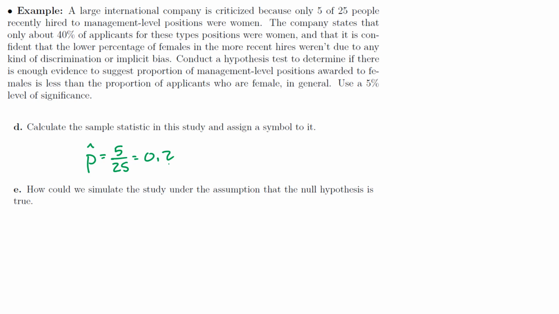Our null value is 0.4. So you can probably come up with a number of different ways to do this. You could draw numbers from a hat that has 10 numbers in it, 1 through 10, and if you draw out 1 through 4, that counts as a woman. Draw out 5 through 10, it counts as a man. You could do it that way.